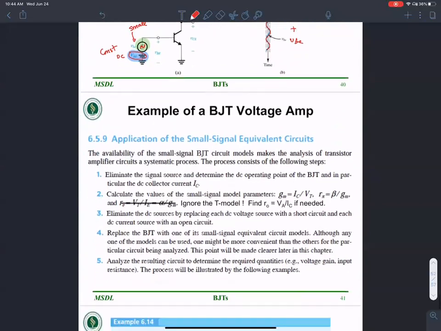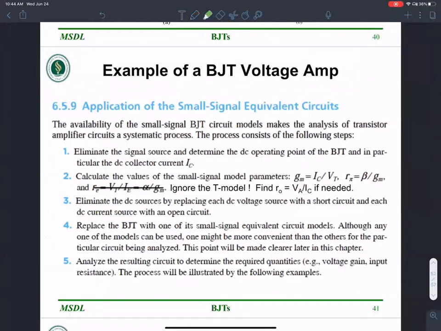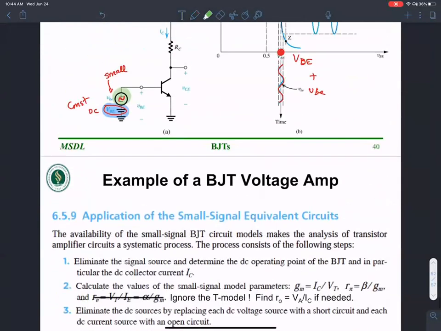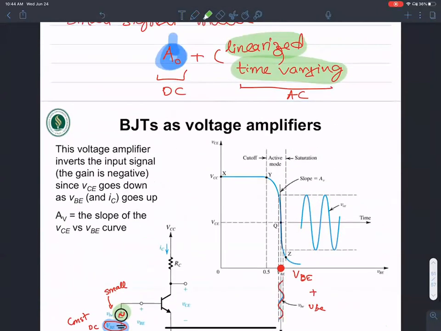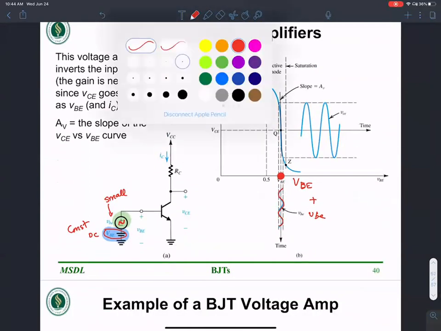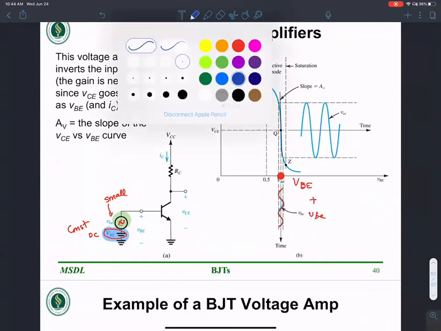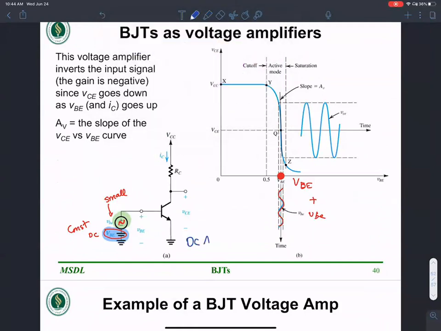Okay. Now, how would you solve a BJT voltage amplifier problem? Okay, the voltage amplification problem simply is, like I mentioned, the whole idea of a small signal model is you can break your analysis into the blue part and the green part. Okay, the blue part we are already very familiar with doing. The DC, this is called the DC analysis.